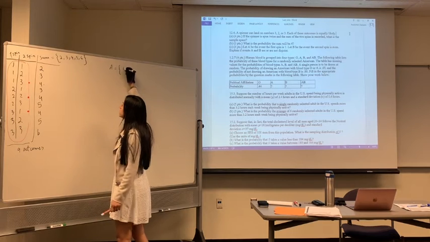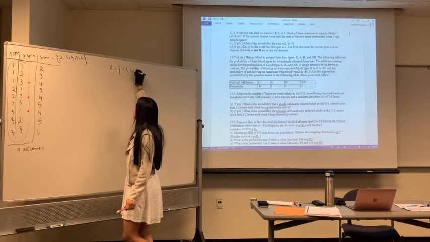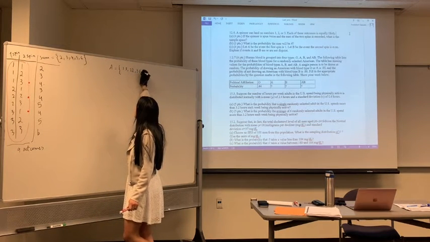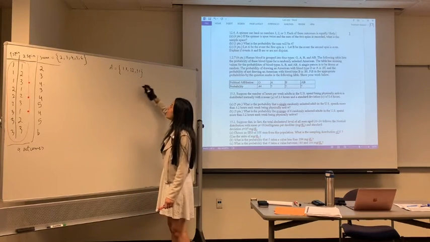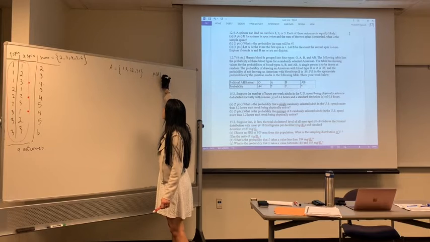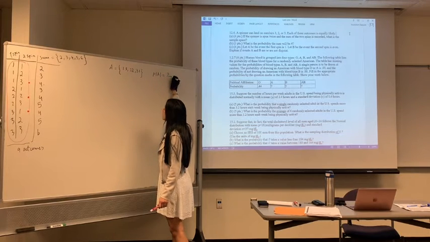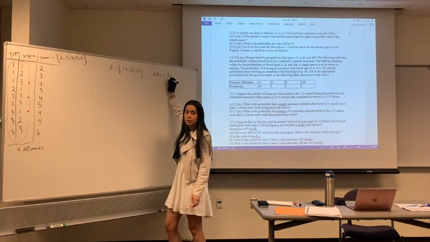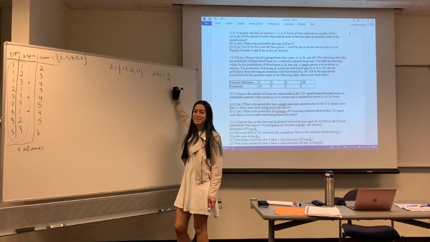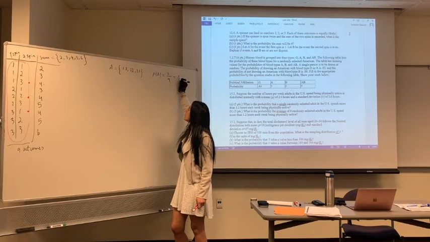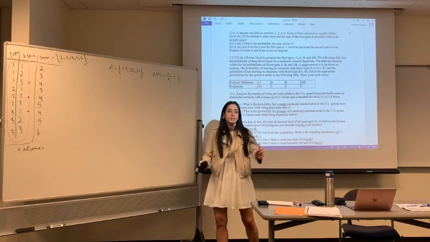Event A is 1,3; 2,2; 3,1. We have 3 outcomes here. The probability of observing A is 3 over 9, so 1 over 3 is the probability of observing A.